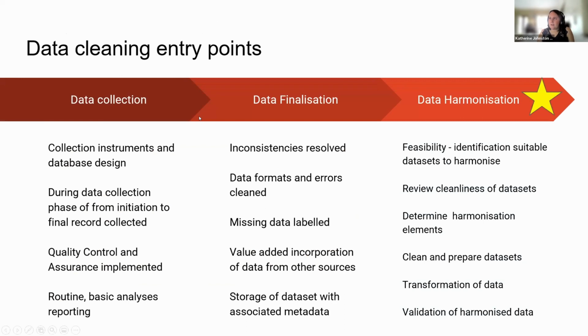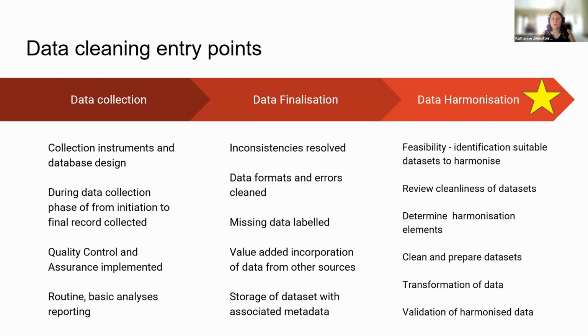So I thought it'd be a good idea just to look at the different entry points for data cleaning. Data cleaning can obviously happen at all stages of the lifespan of a data set. And so we've just put it into 3 different sections. The one is data collection, and there you may be designing your actual data collection tools and database for the data.